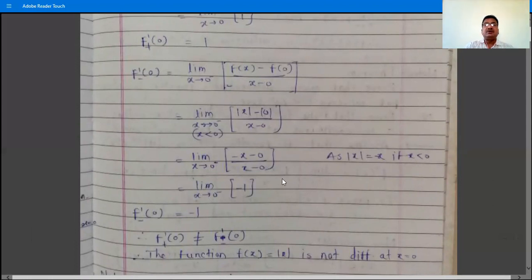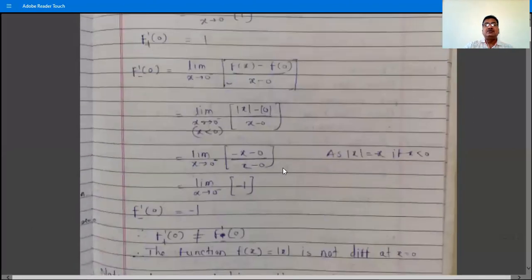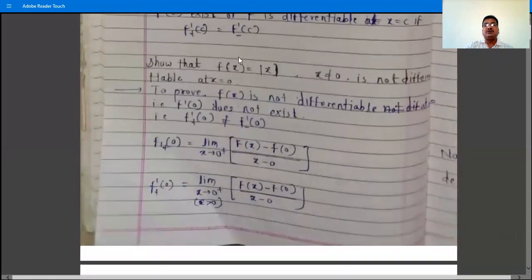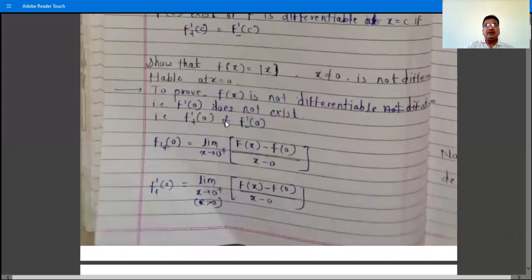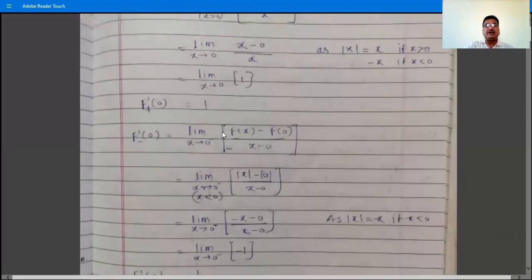But the converse is not true, that if the function is continuous, then it may or may not be differentiable at that point. So this is the counter example, f(x) is equal to mod x. This function is continuous at 0, but is not differentiable at 0. That is, continuity does not imply differentiability.